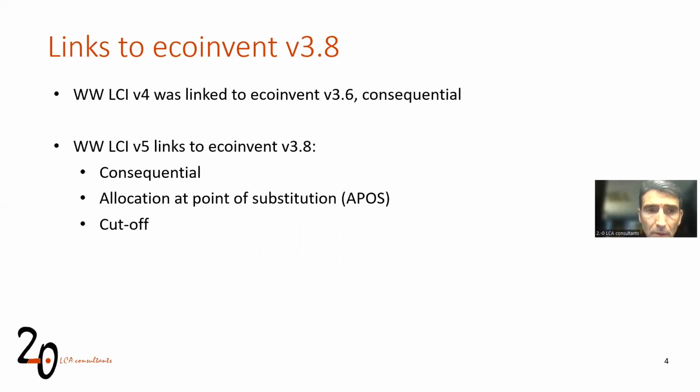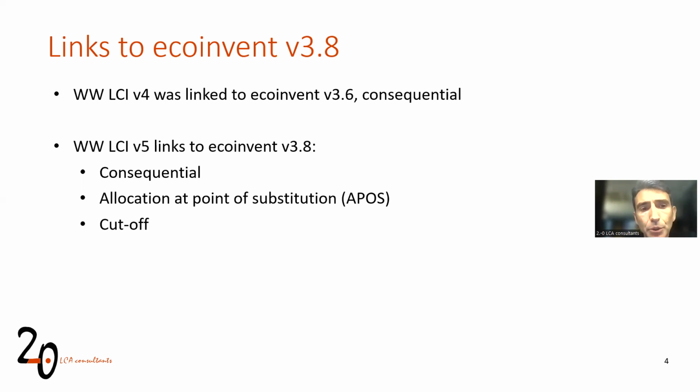As you know, in version 4, we were linking to ecoinvent version 3.6 in its consequential system model. Now, in version 5, we are linking to version 3.8, but we are also giving the user the option of automatically shifting to any of the other system models.